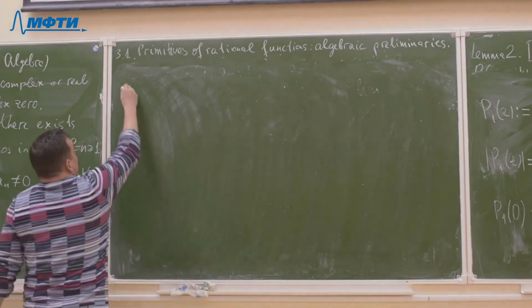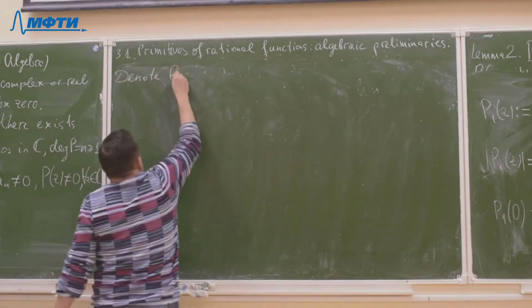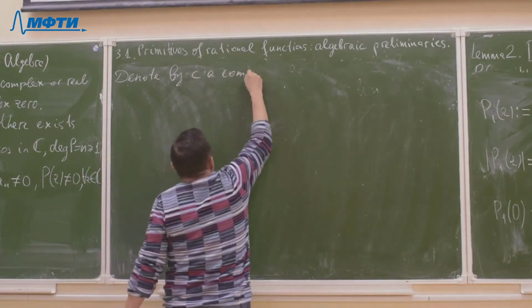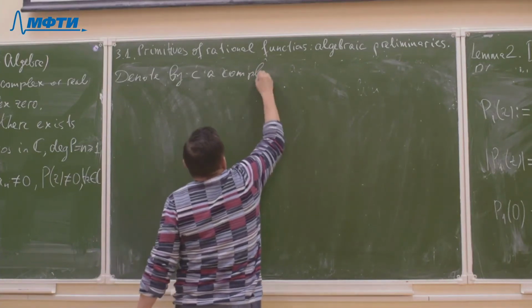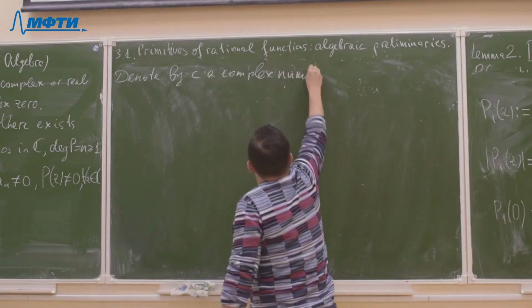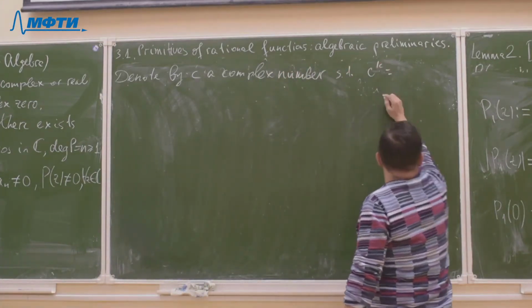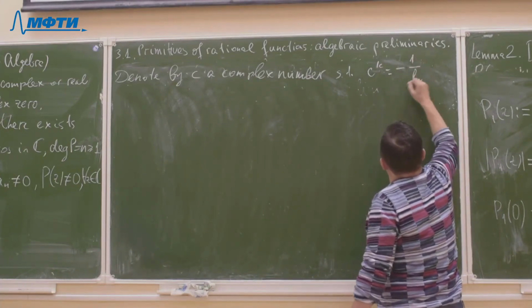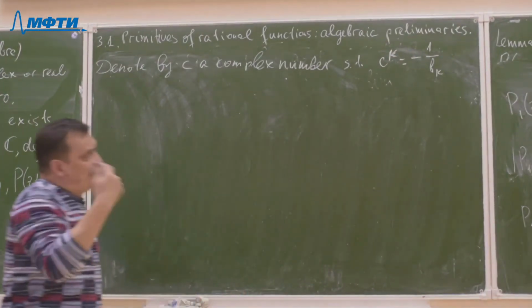So, denote by c a complex number such that c to the power k equals minus 1 over b_k. So, the kth root.